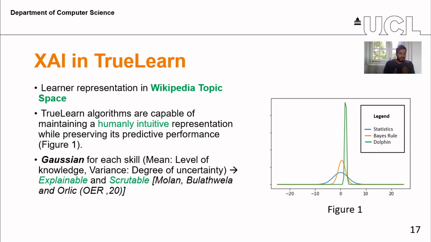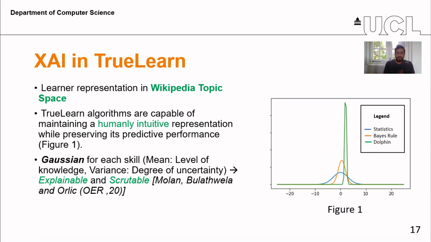And then the TrueLearn algorithms are capable of maintaining a humanly intuitive representation, which is also explained in the figure on the right. What the TrueLearn algorithm does is learn a Gaussian parameter, or in other words, a normal distribution for the skill estimate of each Wikipedia topic that they encounter by consuming educational resources.